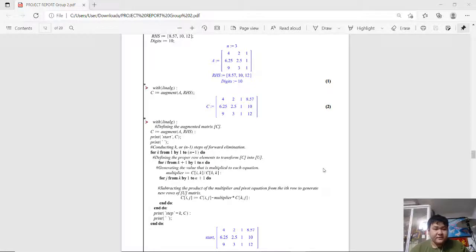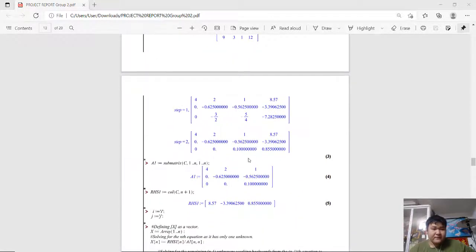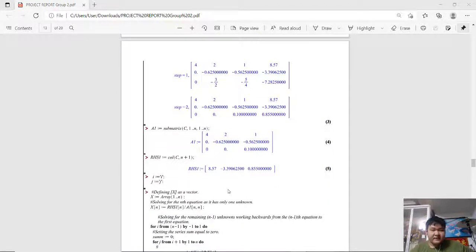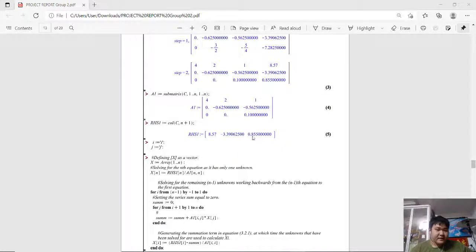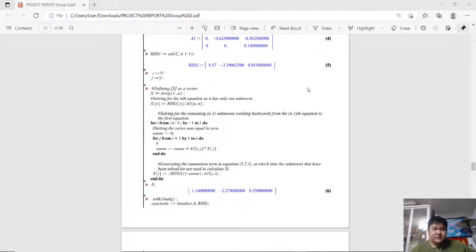Then we need to separate them because we need to find S1, S2, and S3, so we separate them and use the coding for finding S1, S2, and S3. This is the coding.